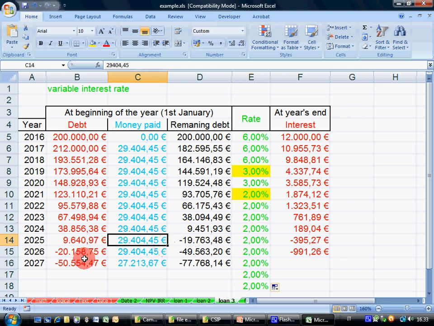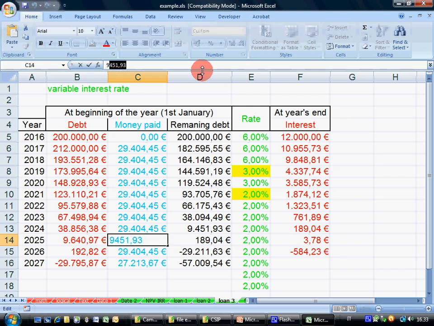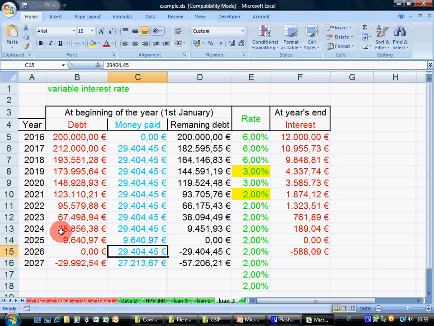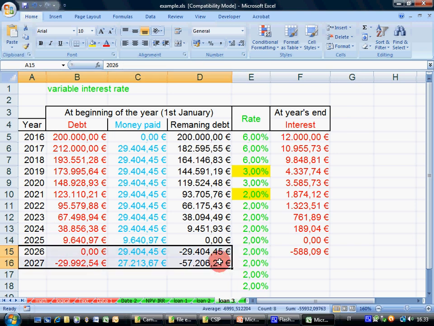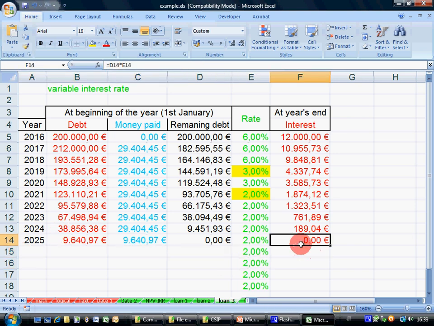In fact, here you can finish your debt by 2025, paying only 9,451.93. No, there's a mistake. 9,640.97. Okay, and these are not necessary anymore. Okay, so this is the variable interest rate, fixed payment, obviously a variable duration.